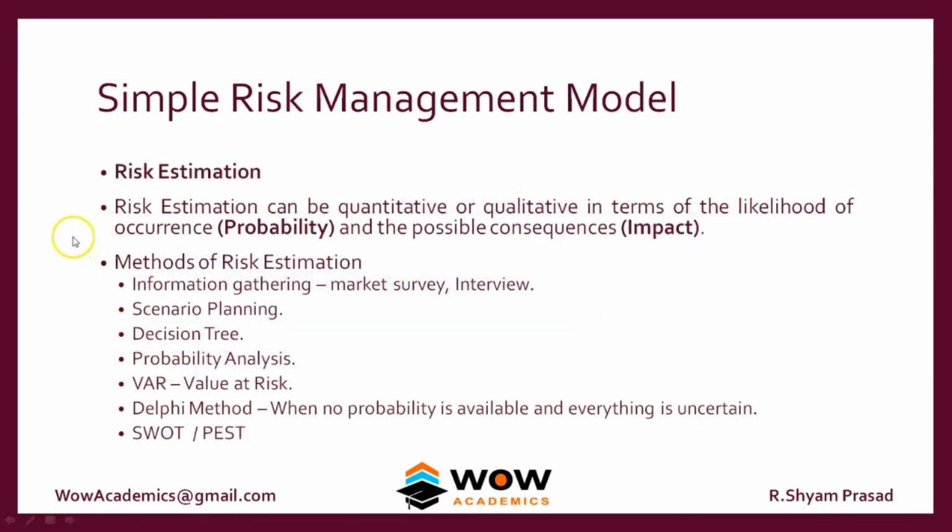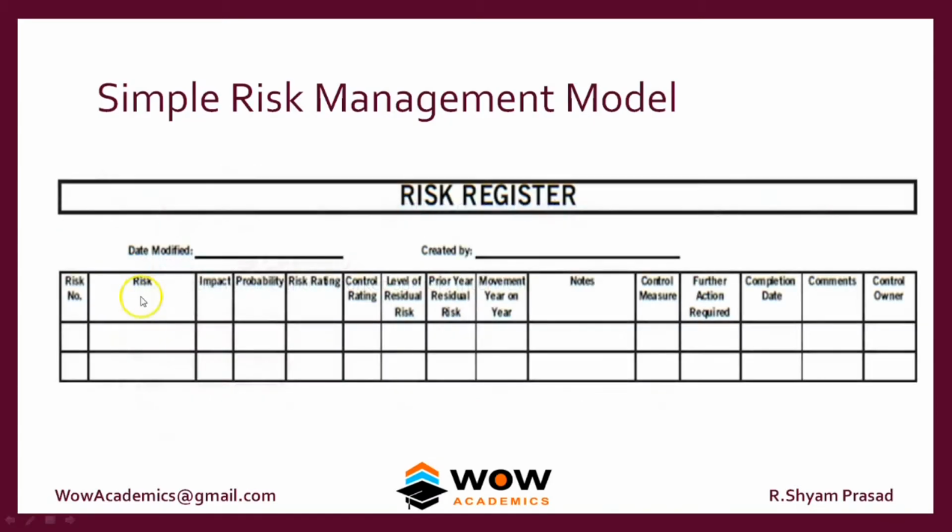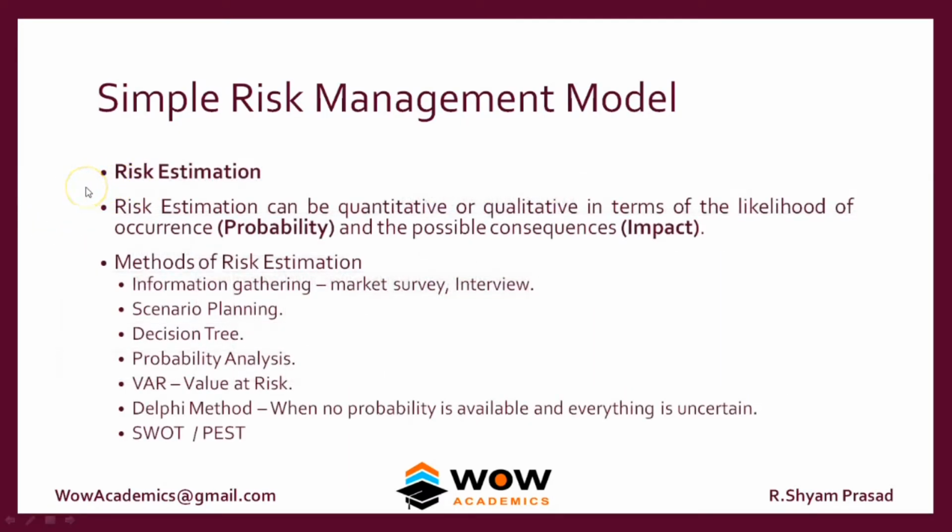So once we have recorded the risk, we need to fill in the gaps like impact, probability, risk rating, a lot of areas here. For that, we have to do risk estimation. Once we have found that there is a risk, we have to find out more information in terms of the probability of that risk occurring.